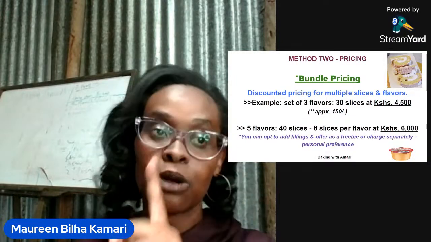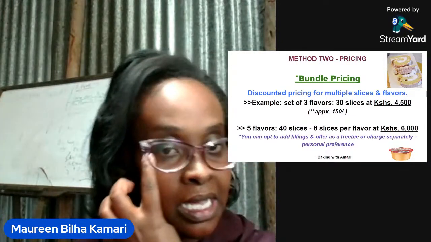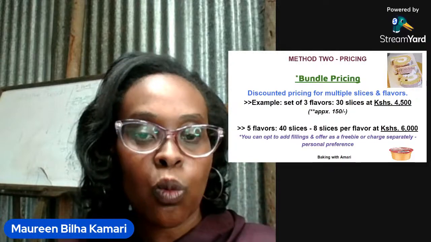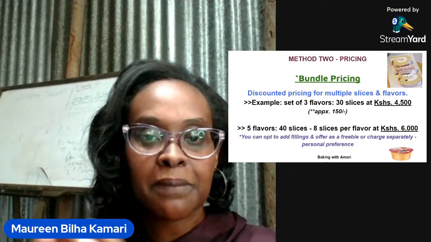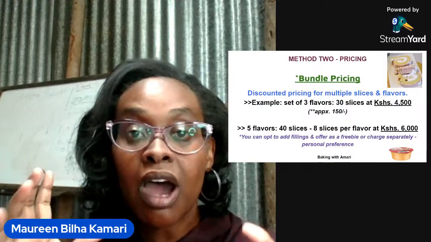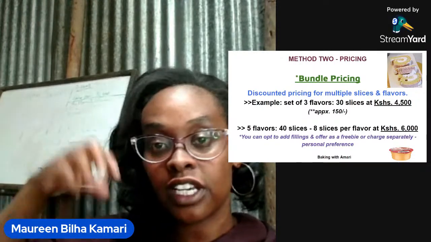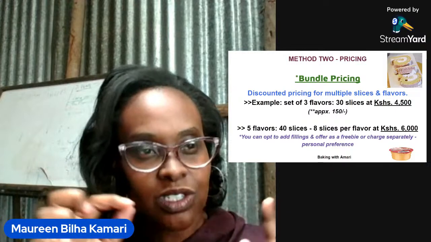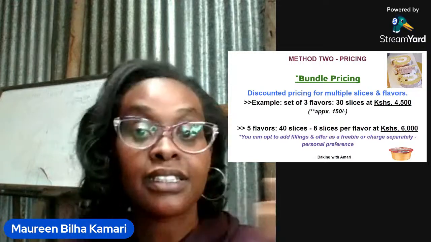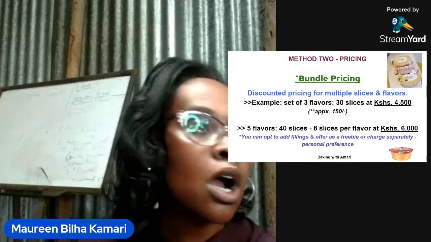Now, my other thing I will tell you, like the extra thing. Most people want some type of filling, right? You're going to have a filling in there and you're going to have maybe some frosting. So you can opt not to offer the filling on the side. Just put the filling inside the slice of cake, and then they'll tell you, oh, I want buttercream frosting or I want chocolate mousse.